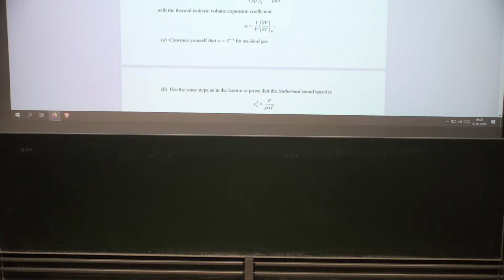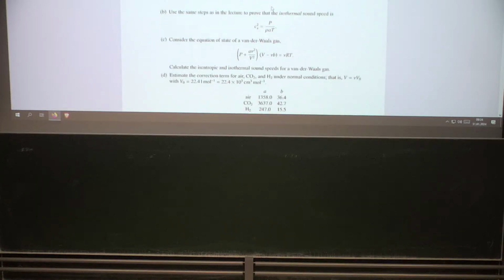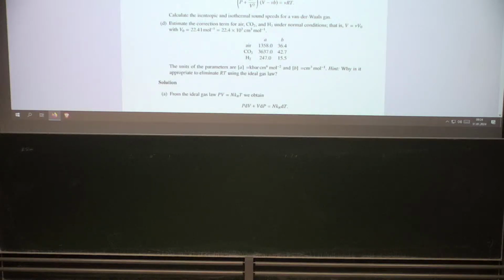So if you had an ideal gas, c_s squared would just be gamma p over rho. So alpha_T is what changes this away from the ideal gas situation if alpha_T is not 1. So the first part of the problem is to show that alpha_T is 1 for an ideal gas, and then it just falls back to the previous situation. Then the question is, what is alpha_T for anything else?